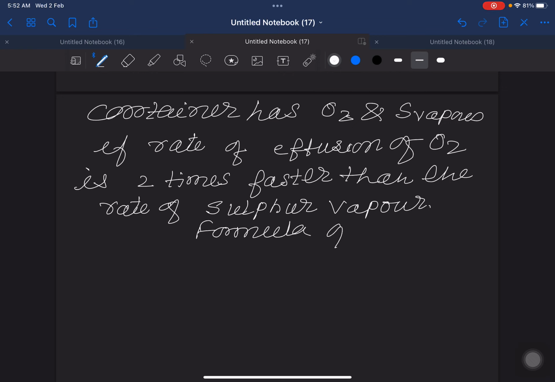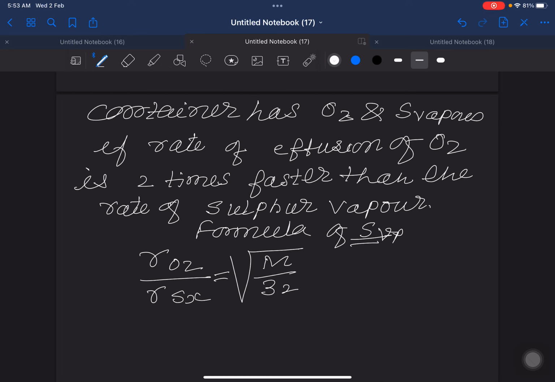Formula of sulfur vapors. तो rate of effusion of O2 and SX is equal to the square root of molar mass divided by 32. That's equal to 2.